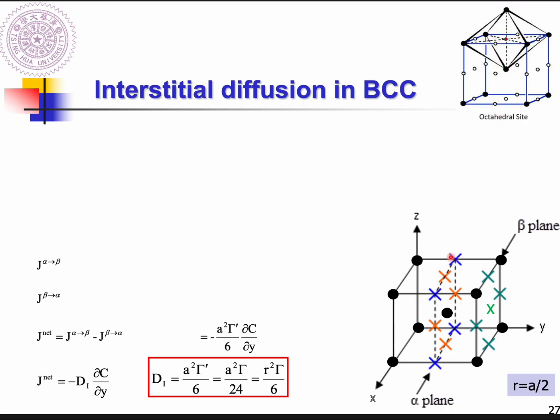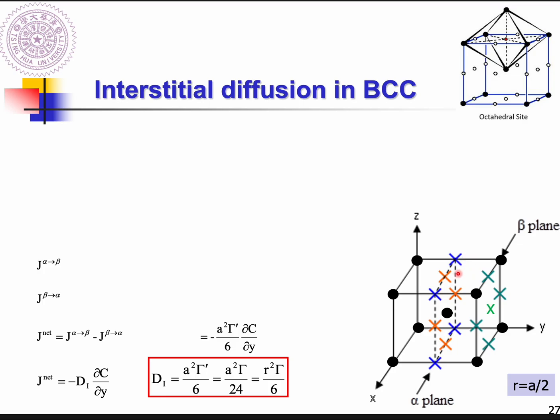The blue cross is the interstitial site at the corner, and the orange cross is the interstitial site at the center of the plane. Regarding the beta plane, I use a green cross to represent these 5 interstitial sites: 4 at the center of the edges, and 1 at the center of the face.